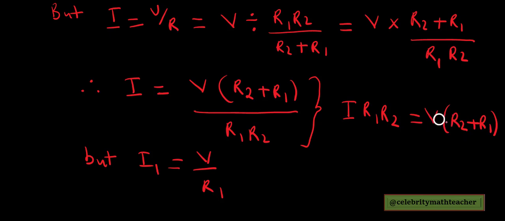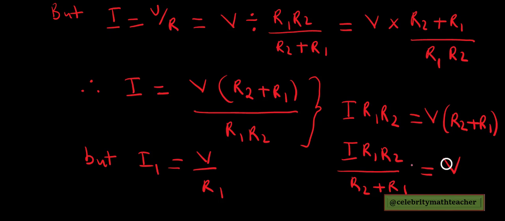By making V subject, dividing both sides by this, I will now have that I R1 R2 divided by R2 plus R1 equals the voltage. So this voltage, I can put it in here. That will give me I1.